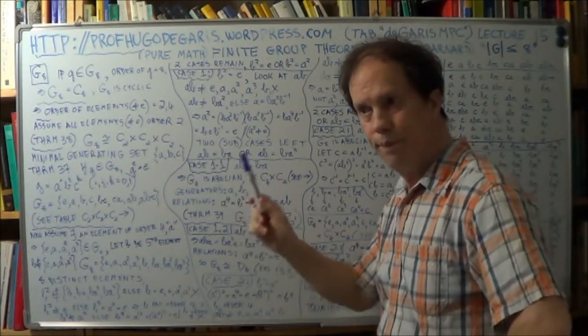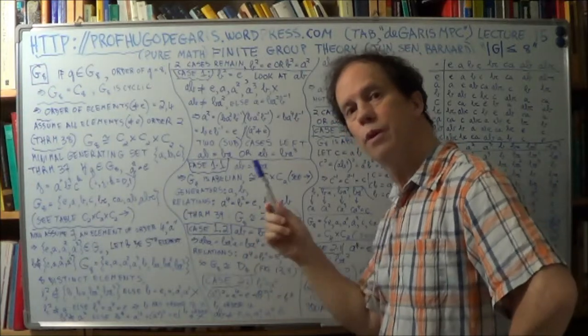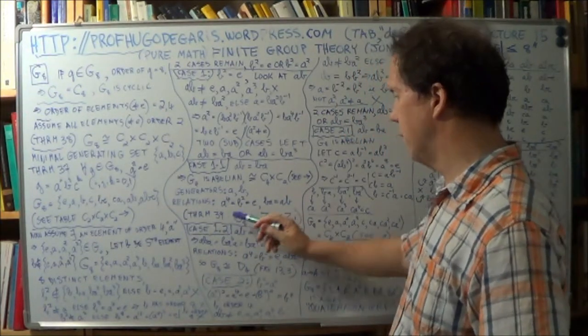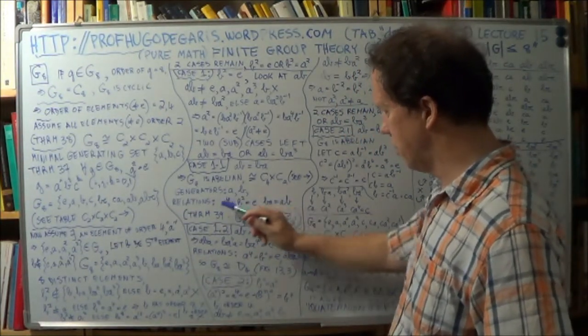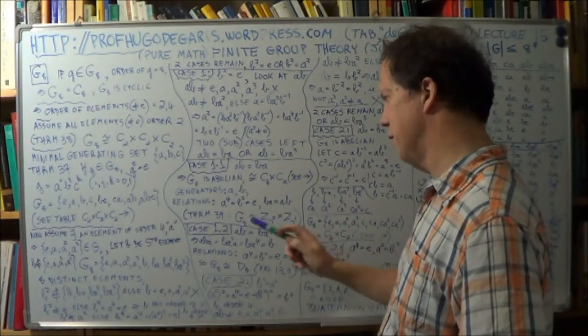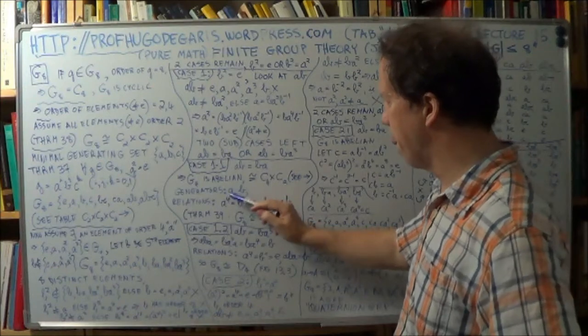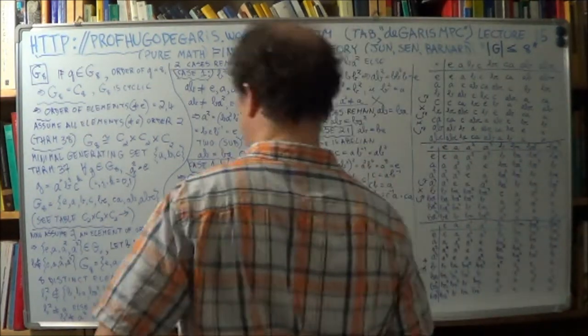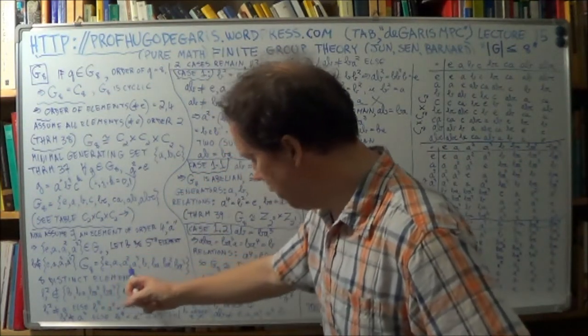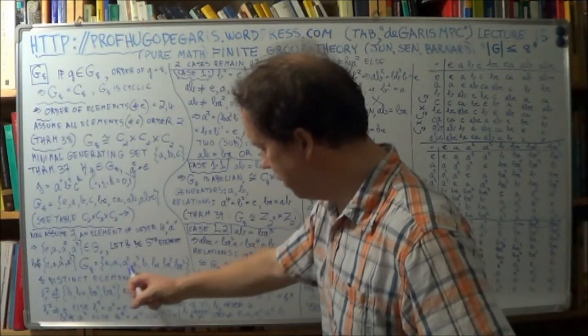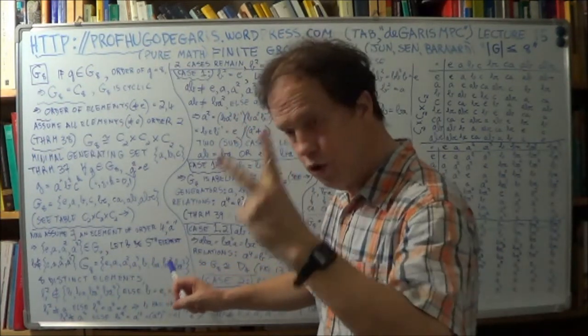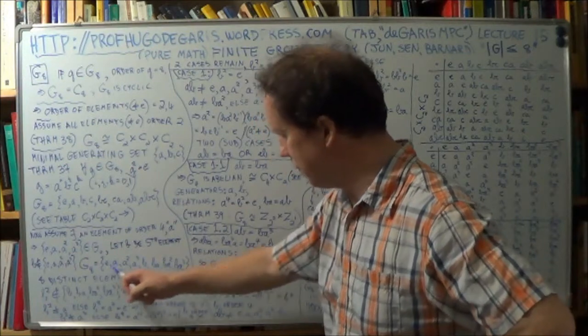Now the presentation of this group, this third type, remember the relations, that you have a set of relations and you'll have a set of generators. Generators obviously A and B, because here are all the elements of your group, and you have generated them with just two generators, A and B. Yeah, that's obvious.